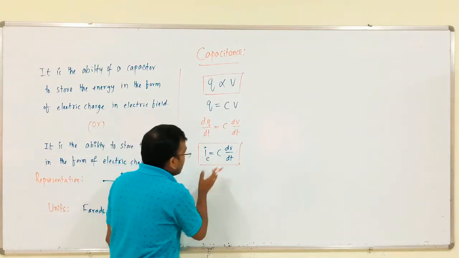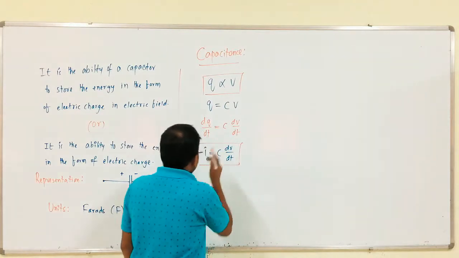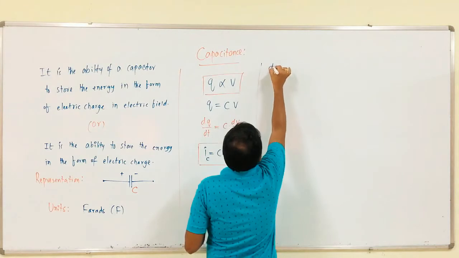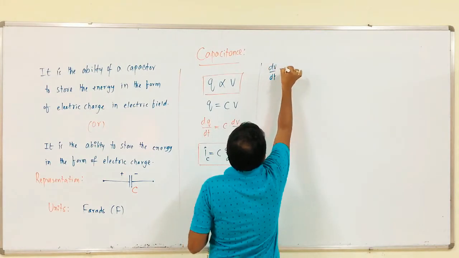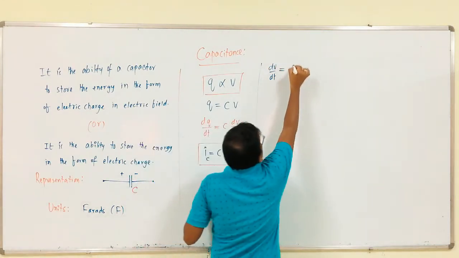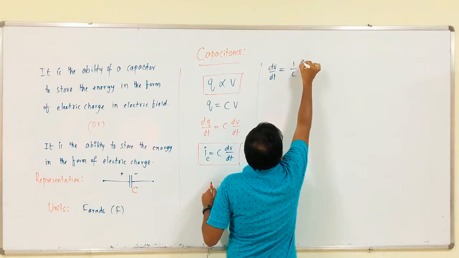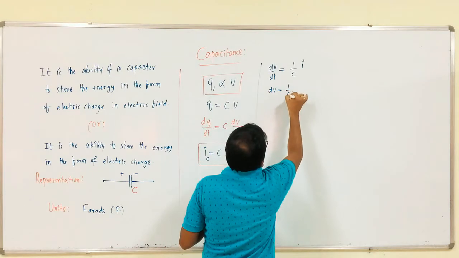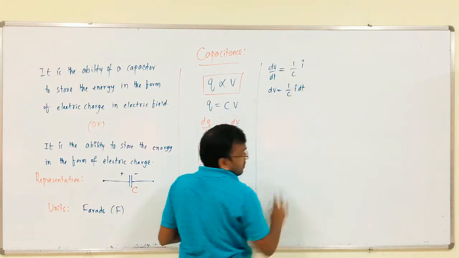So, from this what is the value of V? dV by dt is equal to 1 by C I, right. From this dV is equal to 1 by C I dt, right.